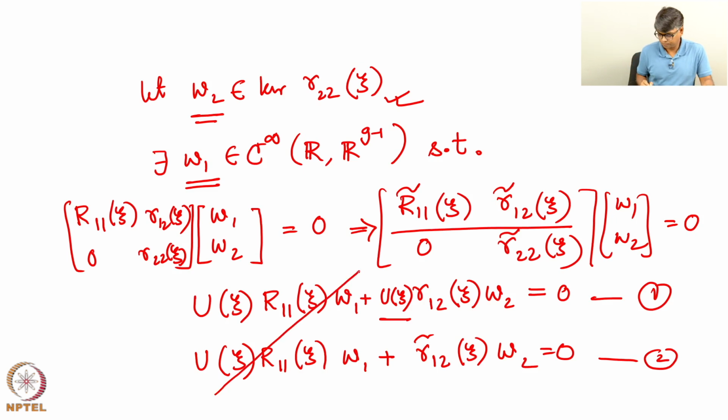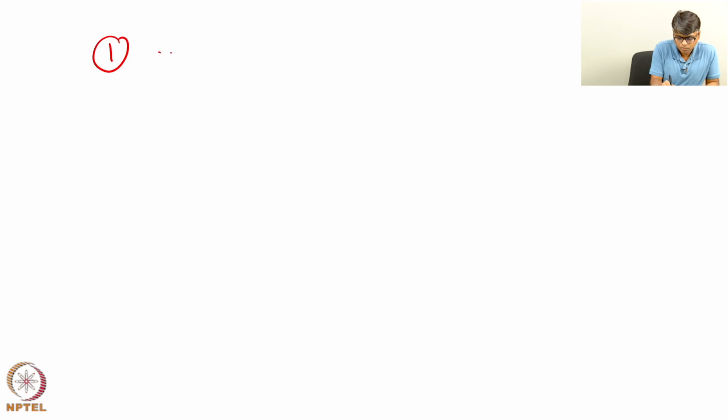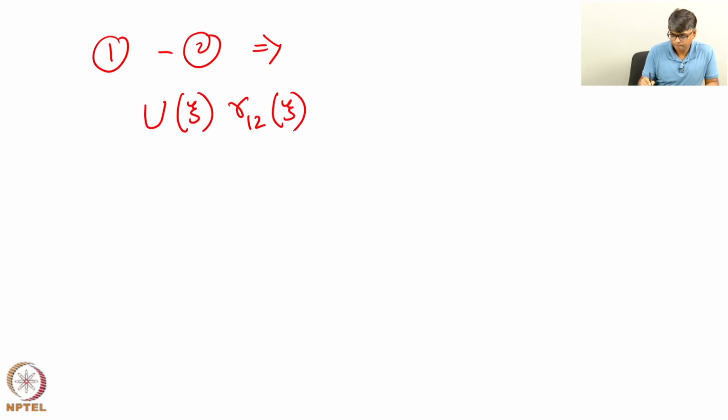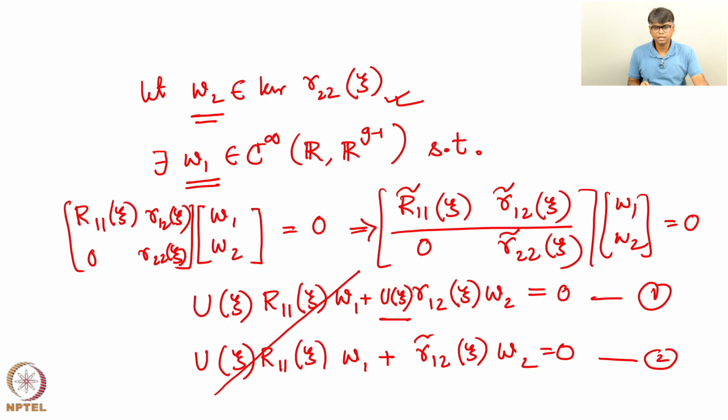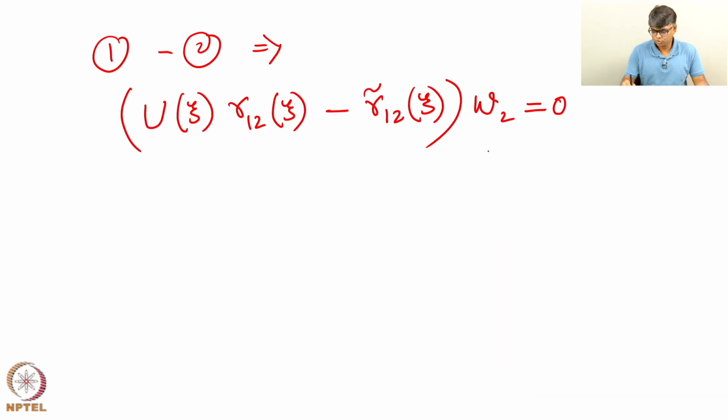What are we left with? u xi R12 xi minus R12 tilde xi acting on W2 must be equal to 0. Check, that is what I get. This minus this equal to 0. And that is true for all W2 in the kernel of R22.